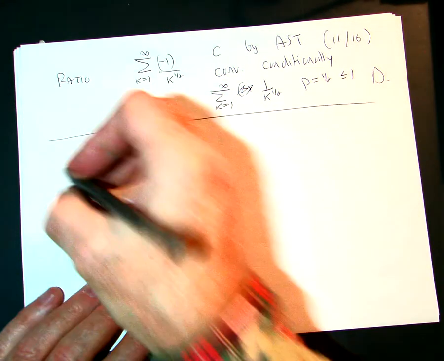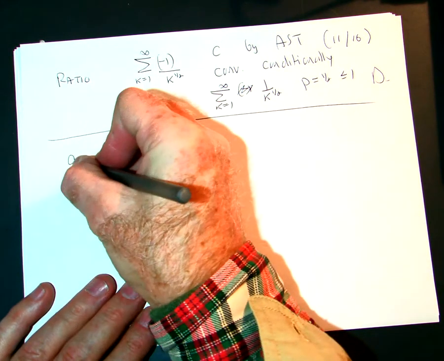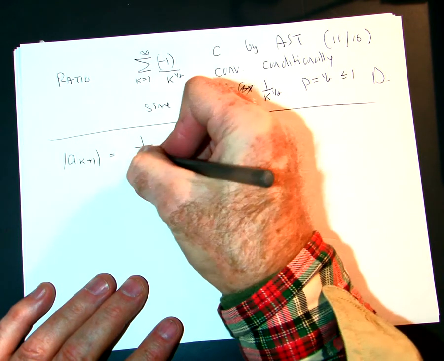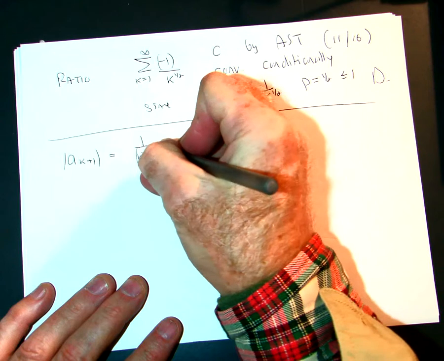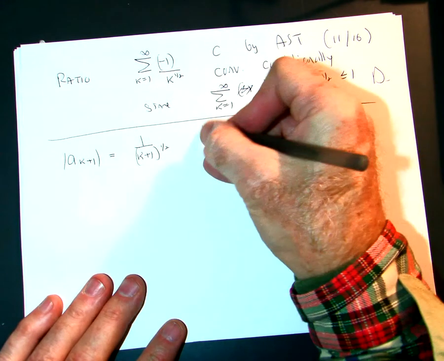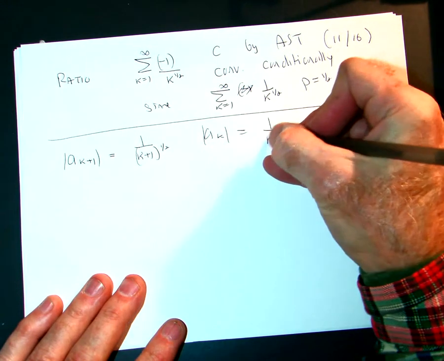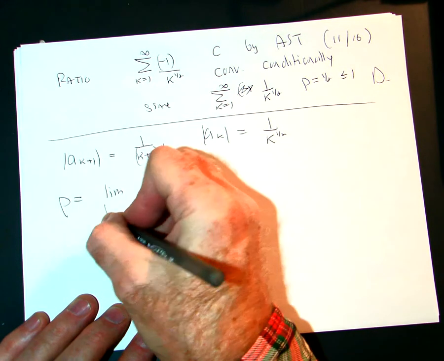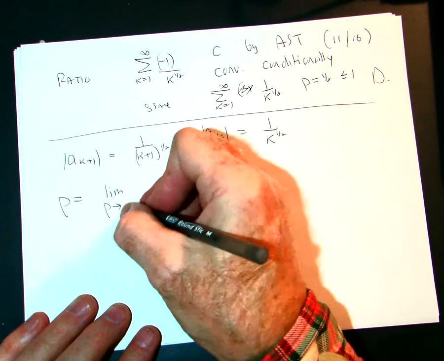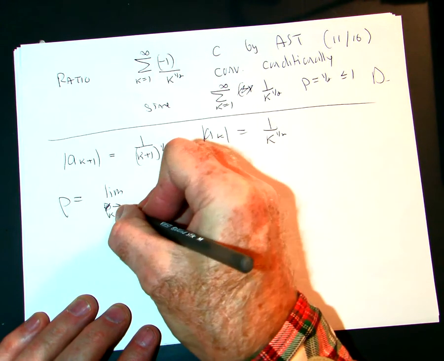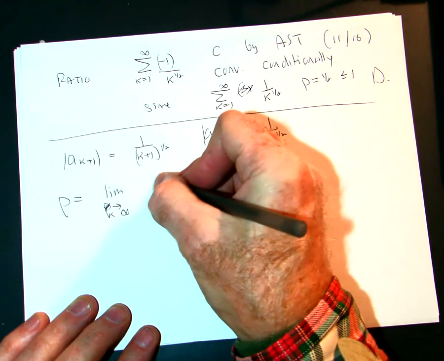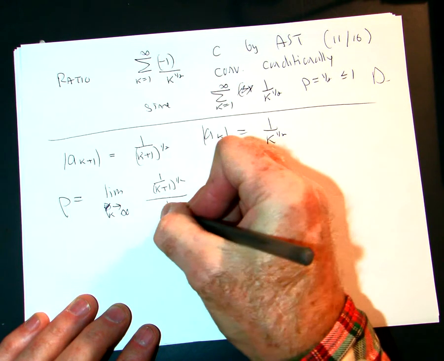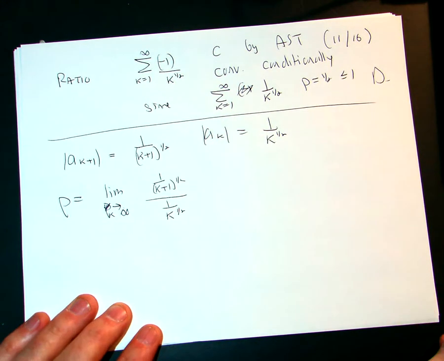Okay, so I'm going to use the ratio test on this. So my a sub k plus 1 is 1 over k plus 1 to the 1/2. a sub k is equal to 1 over k to the 1/2. So my ratio limit is this: the limit as k goes to infinity of 1 over k plus 1 to the 1/2, over 1 over k to the 1/2, when I take the absolute values.